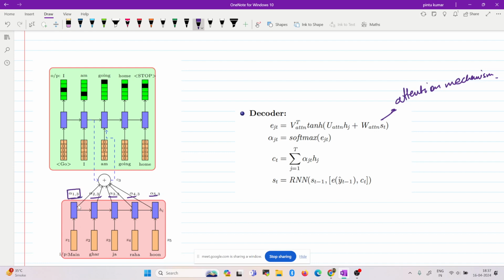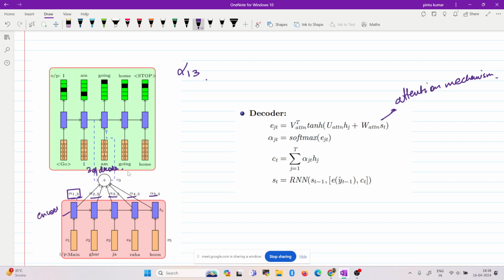This alpha 1 3 represents the weight that you want to assign to time step 1 of your encoder going to time step 3 of your decoder.